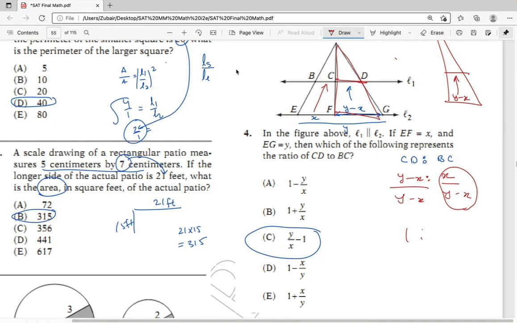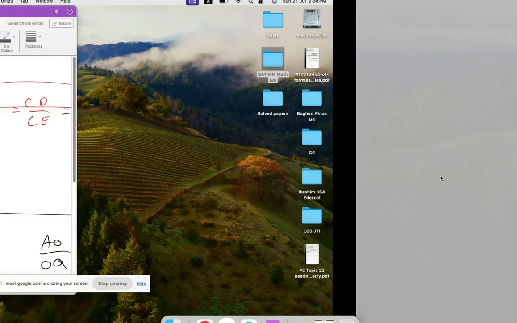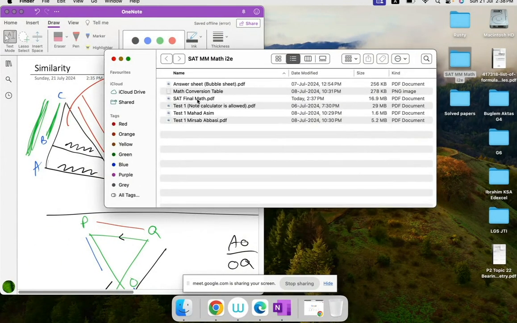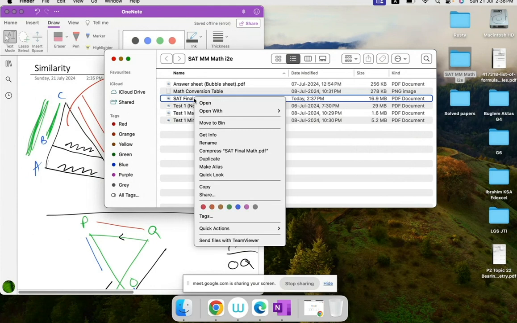If I have 2 over z plus 4, I cannot split it. But if I have z plus 4 over 2, I can split it, z by 2 plus 4 by 2. So the denominator needs to be a single number. And also we can see that through the options. Yes, sir, I understand now.